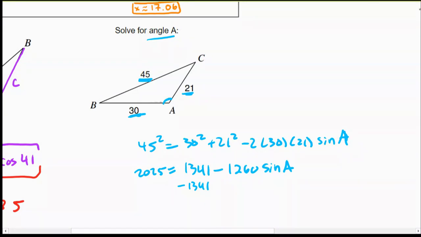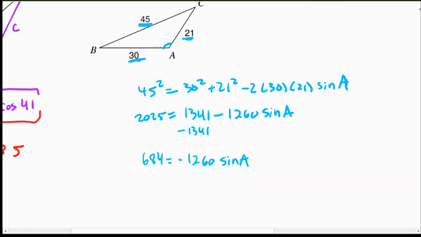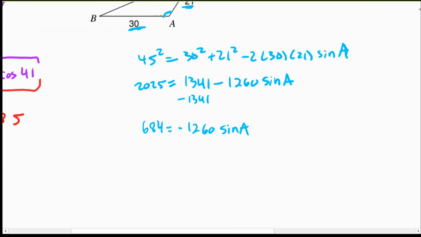So I got 2025 minus 1341, which is 684, equals negative 1260 sine of A. I divide both sides by negative 1260, and I get about negative 0.5-ish. I'm not going to round this in my calculator. I'm just going to leave it as is and use my graphing calculator to use the exact value, because I want to take the inverse sine of that left side.